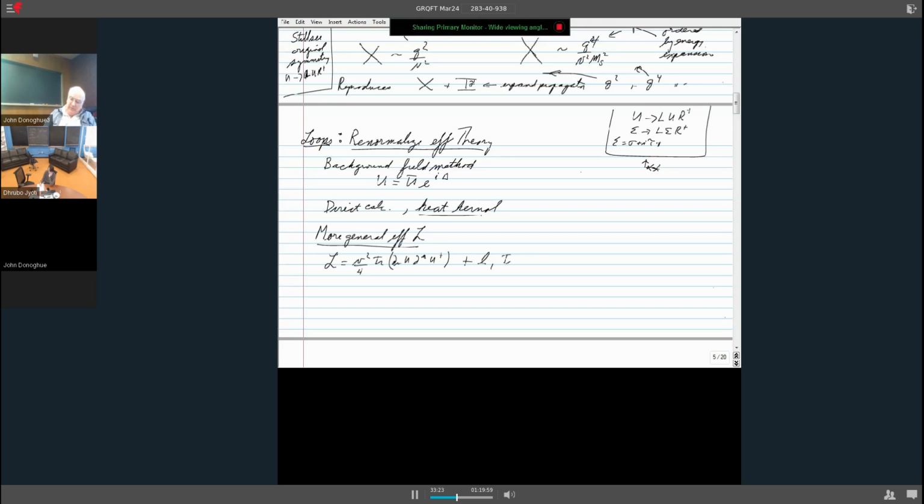So let's write a more general effective Lagrangian. I'm going to want to preserve that symmetry, the same symmetry that we started with. And so I'll write the first piece is unchanged.